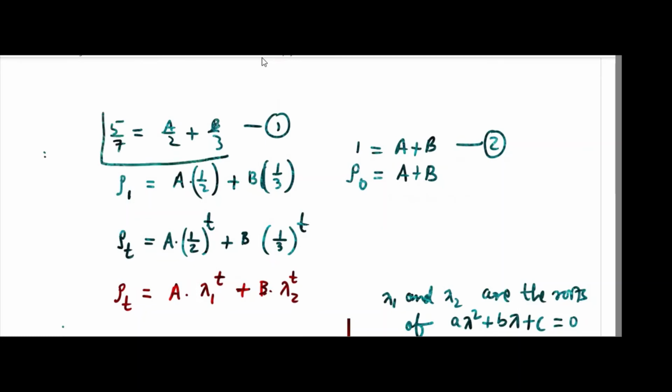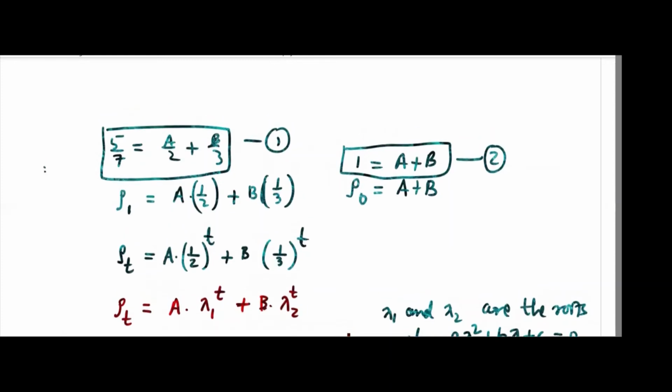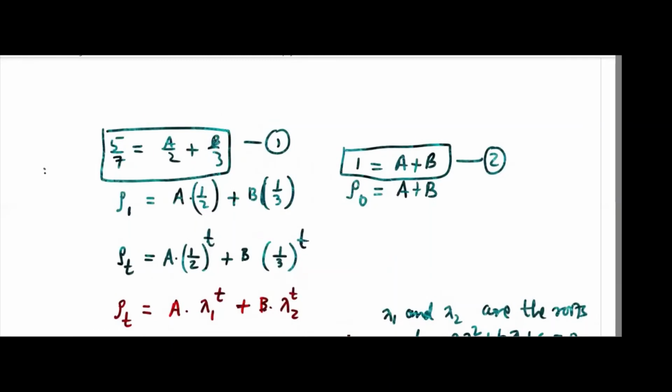These are the two equations you need to solve. If this is really correct, 5 upon 7, then you will get the values of A and B. A plus B should be equal to 1. So we have to check whether we will get these or not.